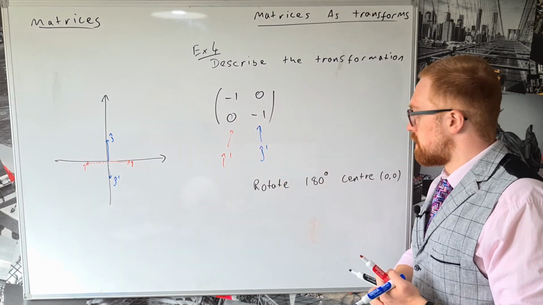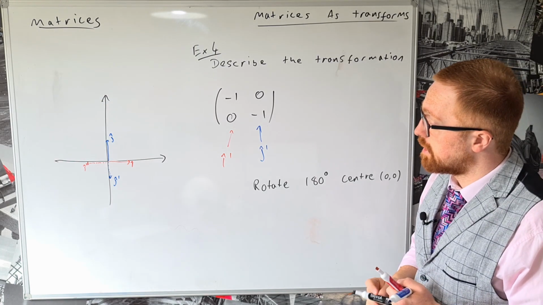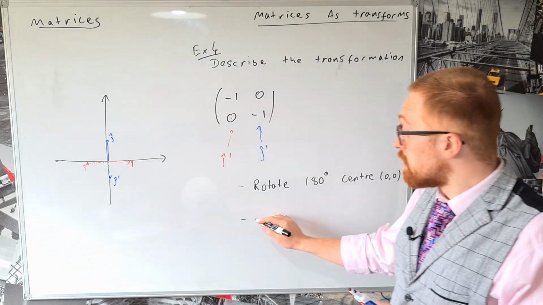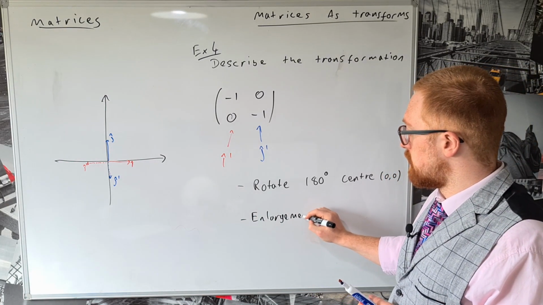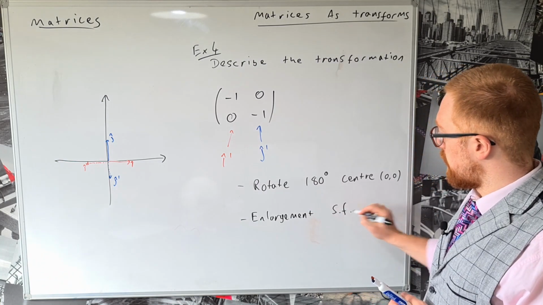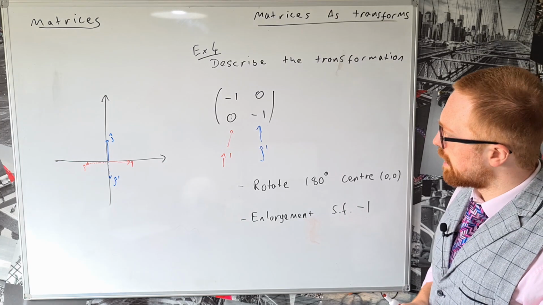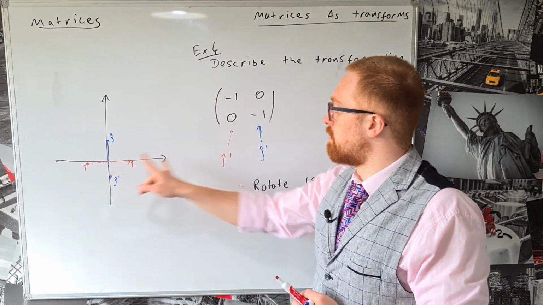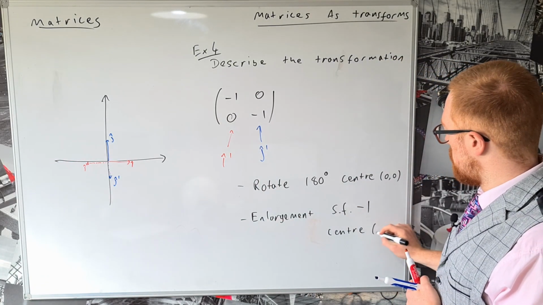This is just one transformation, but we can describe it in two ways. The astute among you might have noticed that we can also describe this as an enlargement scale factor -1, centre the origin, and that's the other way we can represent this transformation.